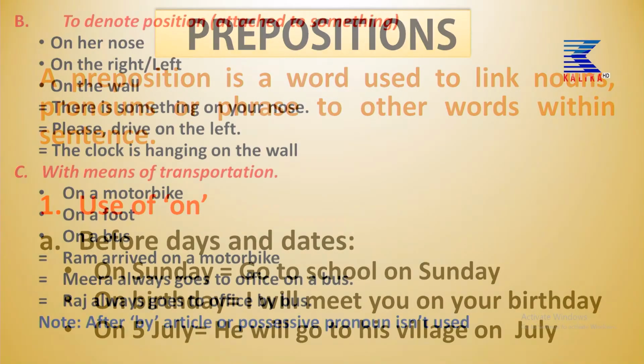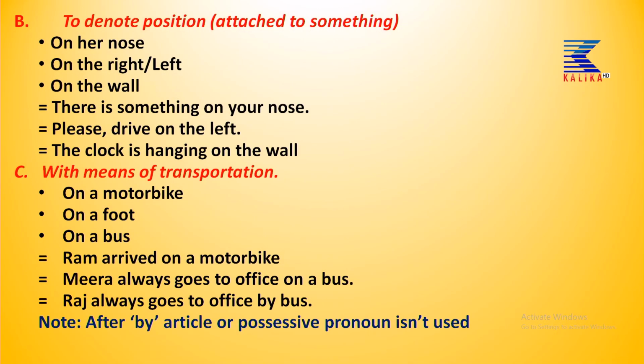Now, next, we use on to denote position attached to something. On her nose, on the right or left, on the wall. There is something on your nose. Please drive on the left.